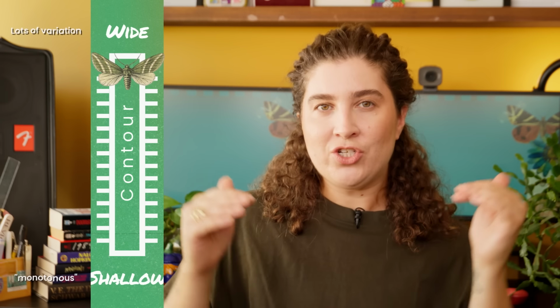On the mixing board, I've placed the voice characteristics that we are most often modifying in trans voice training. They are pitch, which goes from high to low; resonance, which goes from bright to dark; weight, which goes from heavy to light; and contour, which goes from wide to shallow. This one I might actually need to do a little sentence to demonstrate.